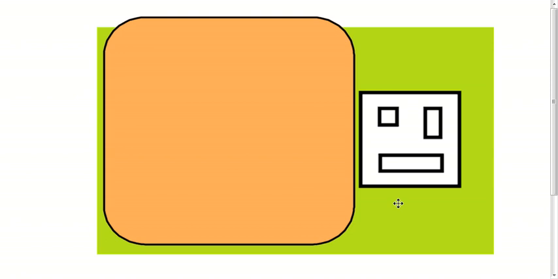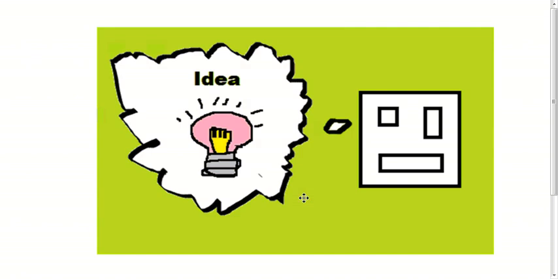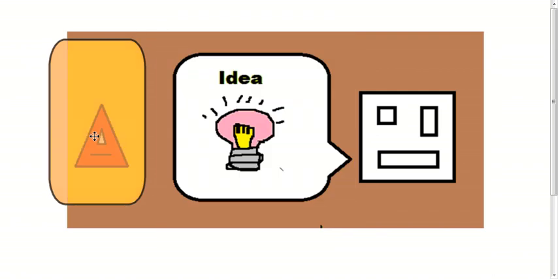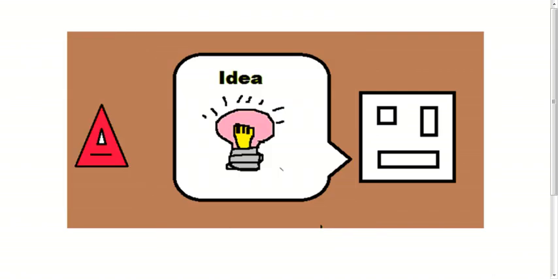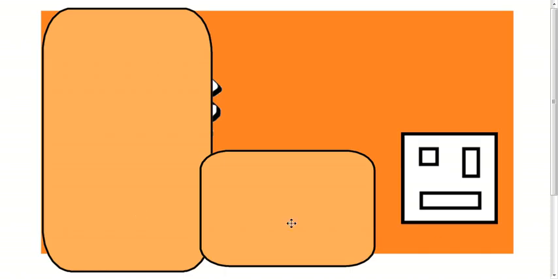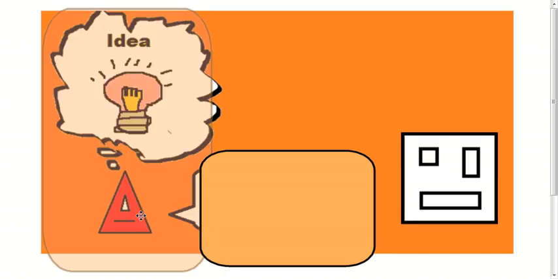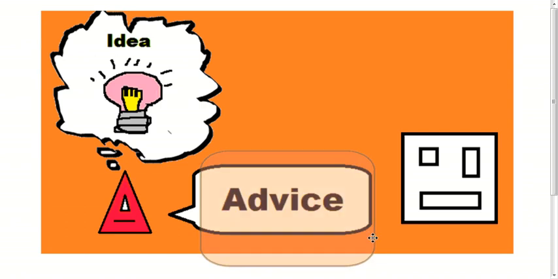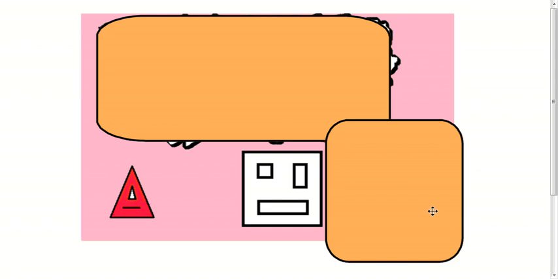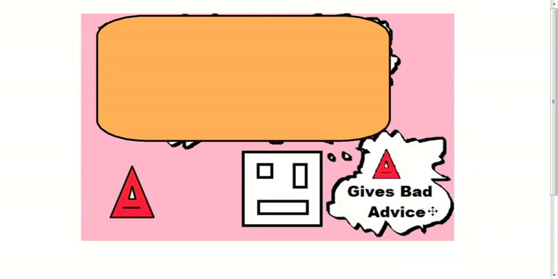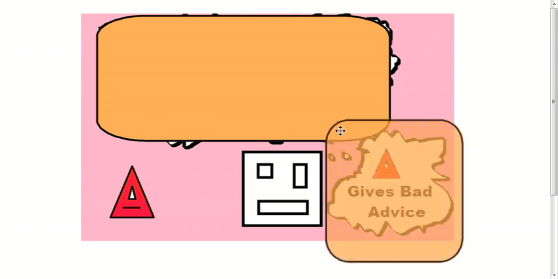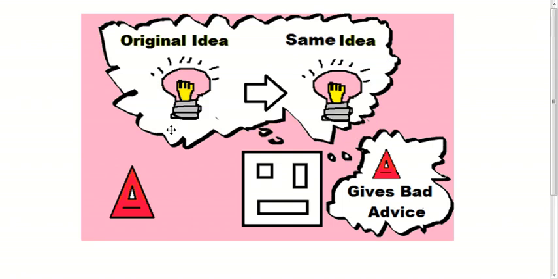Now, let's say Dr. Square has an idea, and he tells his idea to Professor Triangle. Professor Triangle thinks about his idea and then offers Dr. Square some advice. Now, Dr. Square thinks about it and realizes that Professor Triangle often gives bad advice, so his original idea really doesn't change very much.